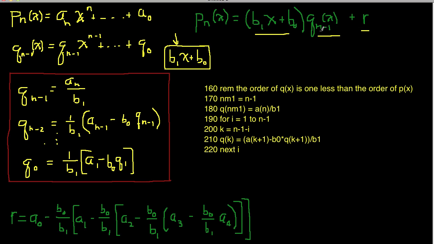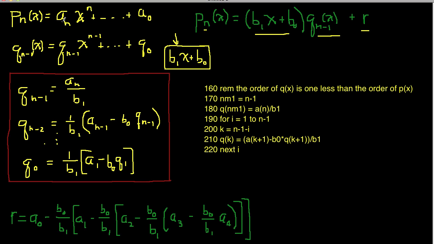Okay, so we're looking in particular for the polynomial q sub n minus 1 and r. I use the subscript n minus 1 here for q because q is an n minus 1 order polynomial. If p is an nth order polynomial, q is an n minus 1 order polynomial. Now, previously we have deduced the following general expressions for the coefficients of the q polynomial. q sub n minus 1 is equal to a sub n divided by b1.